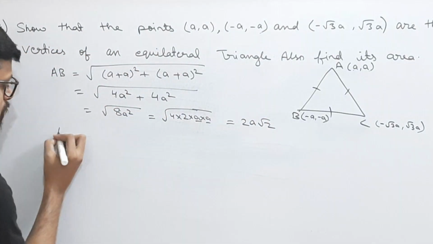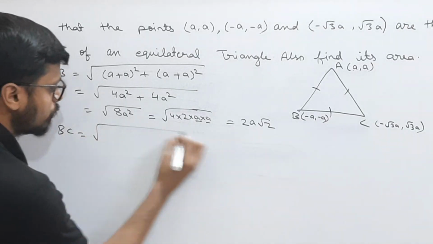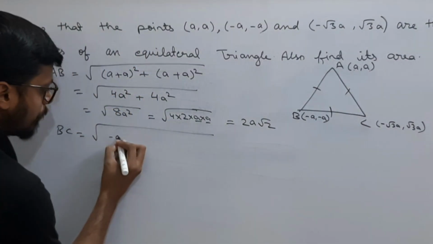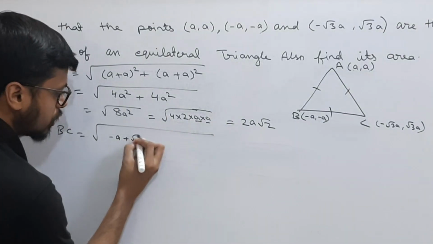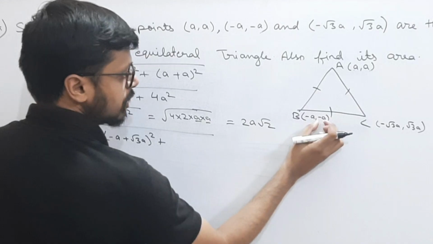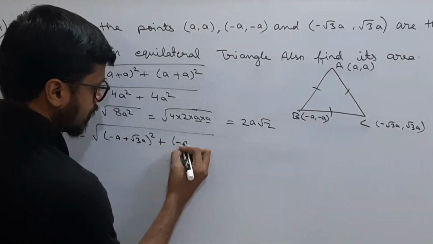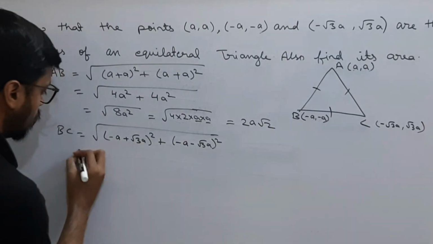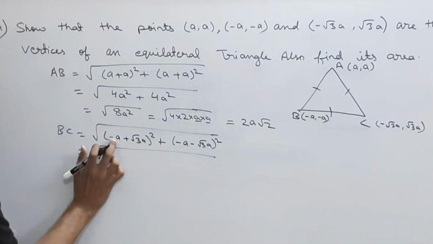Same thing we will do for BC also. In BC, now this minus this, it will come minus a minus of minus root 3a, which becomes (root 3a minus a) square, plus the same thing for y, minus a minus root 3a, square.